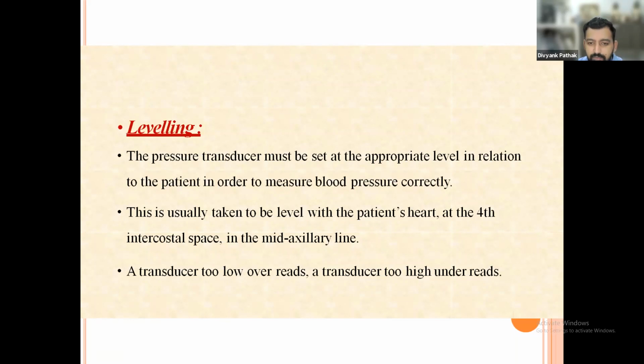The pressure transducer must be set at the appropriate level in relation to the patient in order to measure the blood pressure correctly. As you know, gravity also plays a role in the pressure if we calculate the pressure at different levels.